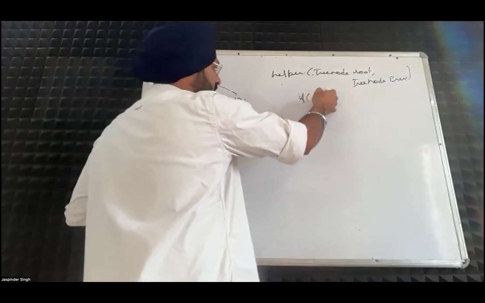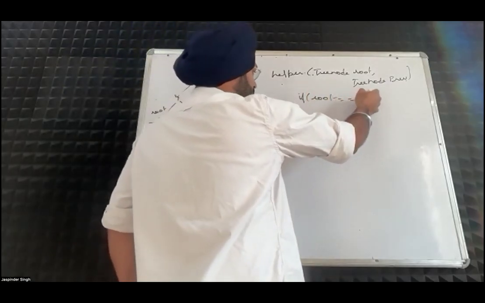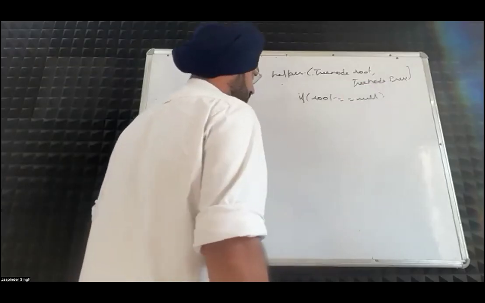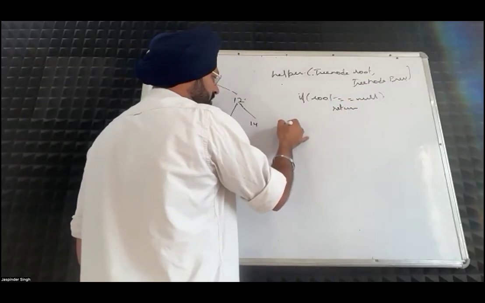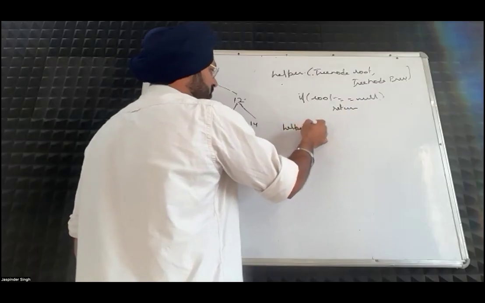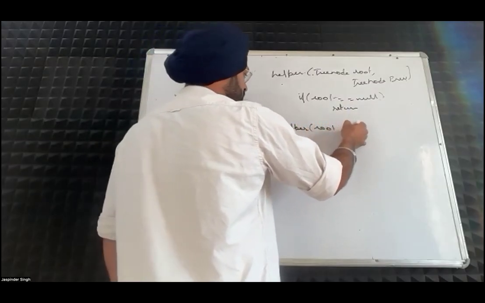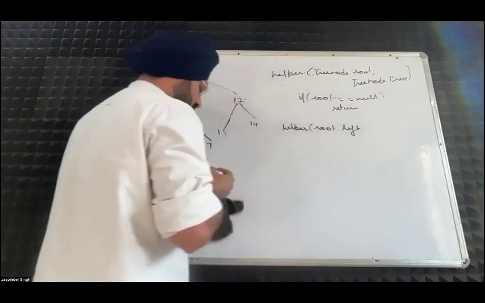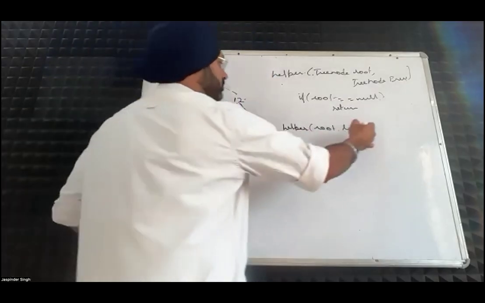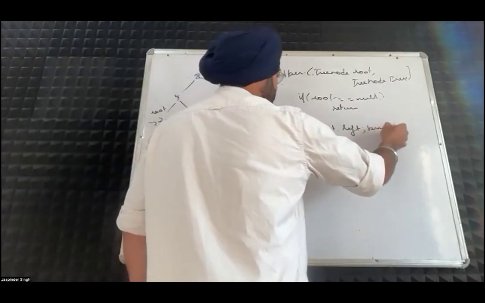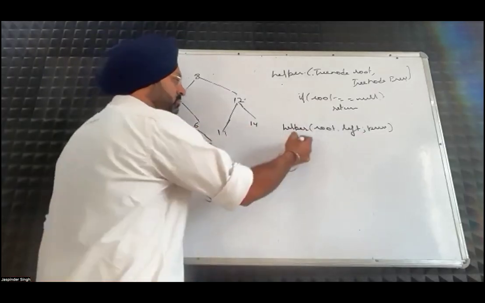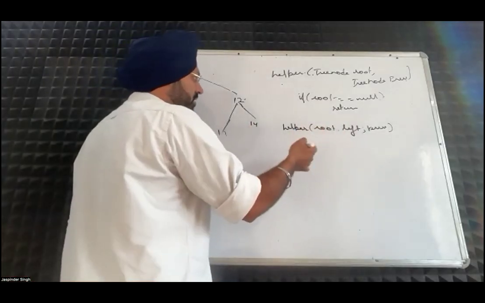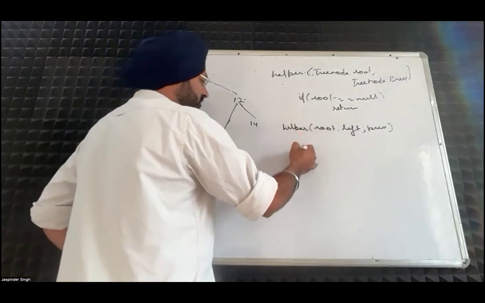If my root is equal to null, return. And then helper of root dot left. You take the previous as previous over here, or you take the previous as root over here. Doesn't matter. The problem is not what you are taking over here. The problem is by reference, by value.